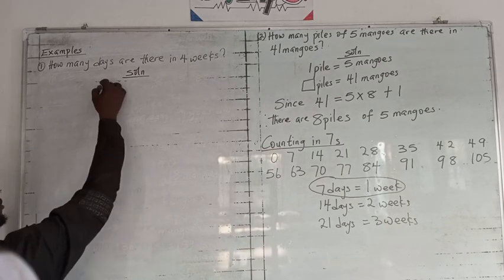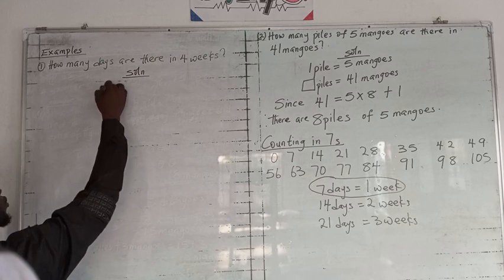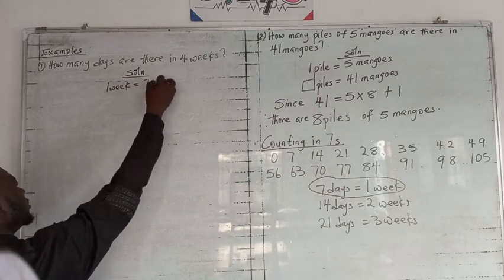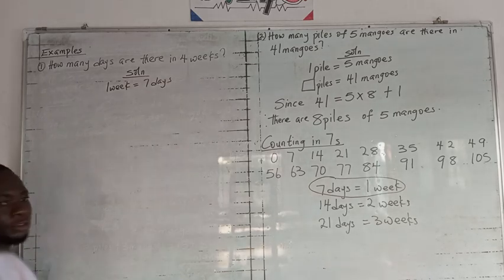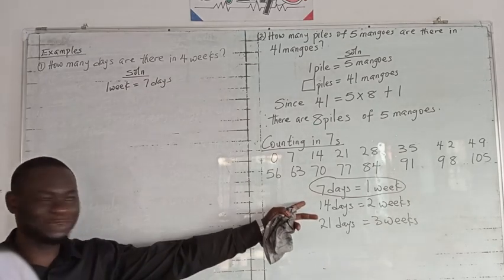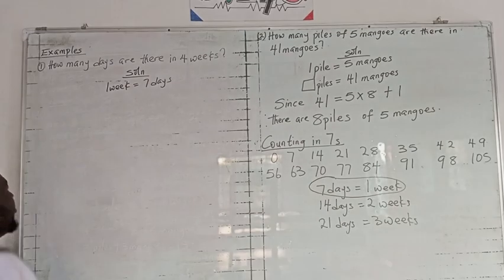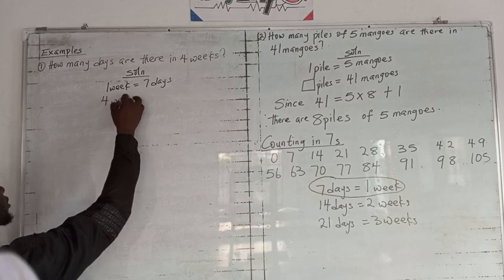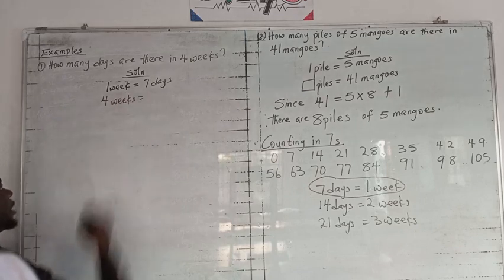What do we have here? Remember, 1 week has 7 days. There are 7 days in 1 week, right? That's what it says. 7 days makes 1 week. Now, what do you now think? 4 weeks.